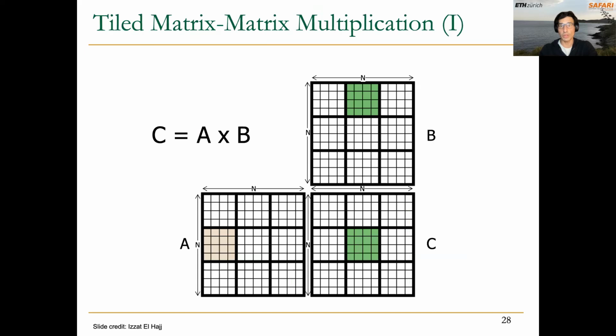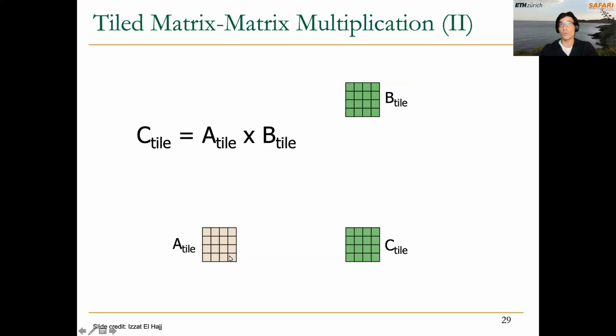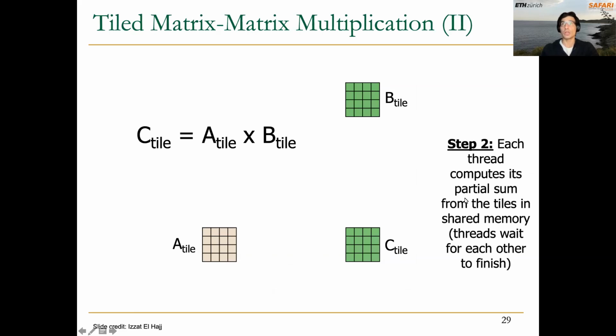Remember that in one of the initial lectures, we explained how to do the tiled matrix multiplication using shared memory, and what we do in order to calculate, for example, this tile of the output matrix C is to first load the first tile of each matrix into the shared memory, and then once they are in shared memory, we can compute the partial dot product of the elements of this tile and the elements of this tile, and obtain these partial results for these elements of the tile of matrix C.